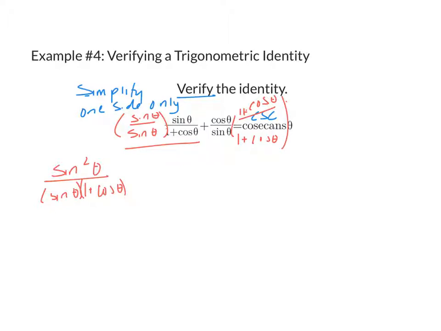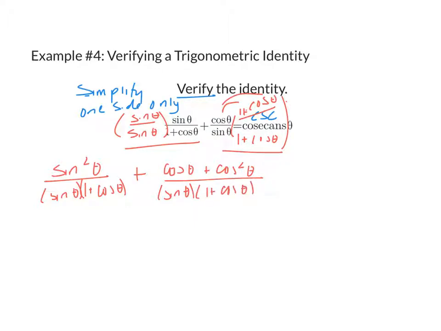And on the other side, if I multiply just the numerators, I'll have plus, and I should really distribute the cosine, right? I will have cosine theta plus cosine squared theta over, again, sine theta times 1 plus cosine theta.